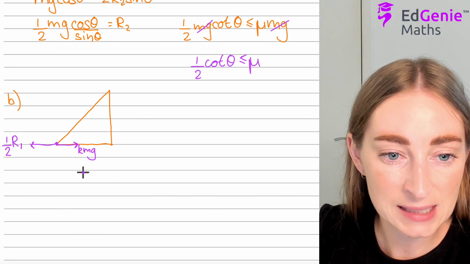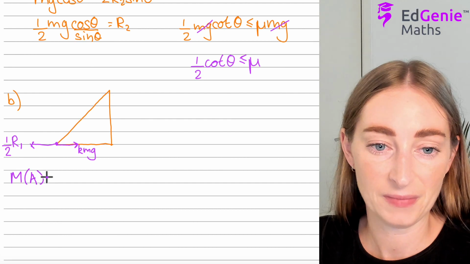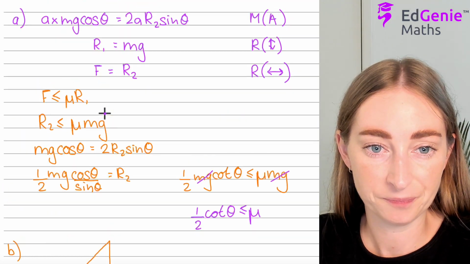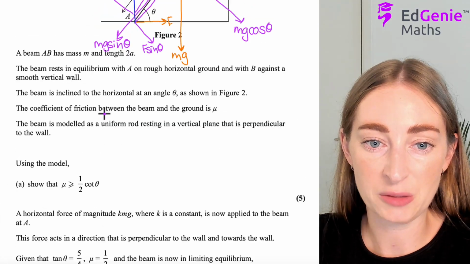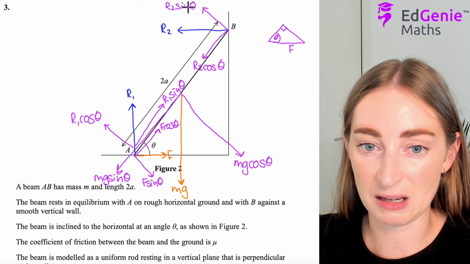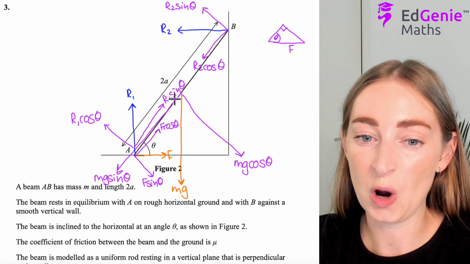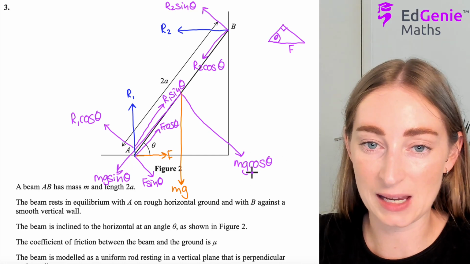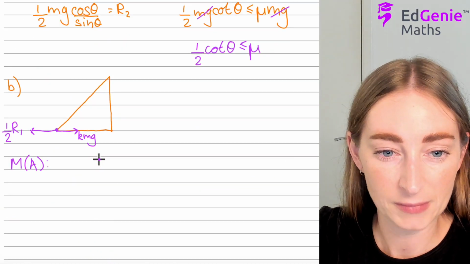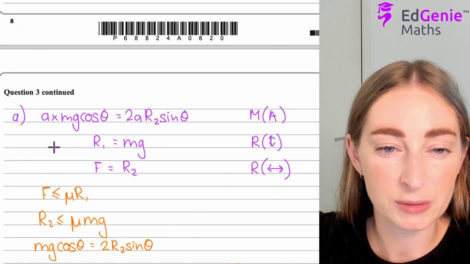Okay, so now let's take moments about A, like we did before. This bit is going to be quite similar. So it's going to be 2a times R2 sine theta equals 1a mg cos theta. So that one's going to be the same. Although last time I think we had friction, did we? Oh no, we did have that.